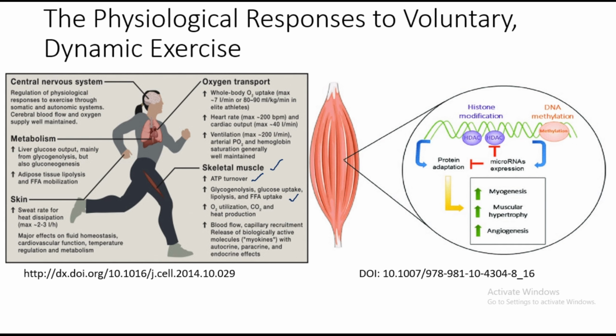So these are the long-term exercise-induced metabolic changes in the muscles. Increased oxygen utilization and carbon dioxide and heat production.